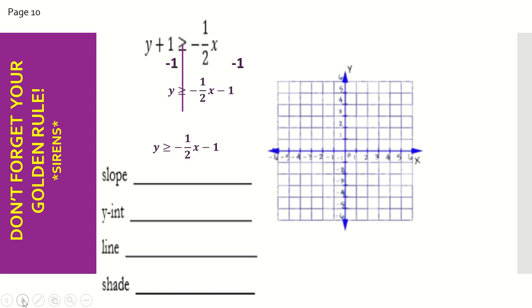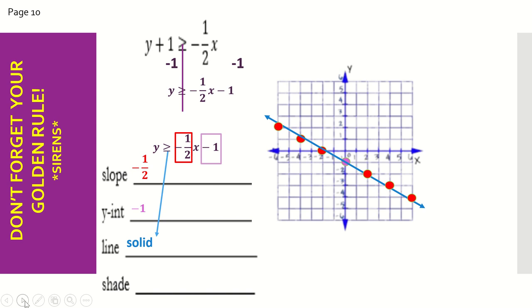The slope is found in front of the x, and the y-intercept is at the end, the b, the minus 1. So we have our starting point, minus 1. We will go slope, which is negative 1/2. So we go up 1, left 2, or we could go down 1, right 2, rise over run. The line on this one is solid because we see the or equal to sign, so we want to include points on this line.